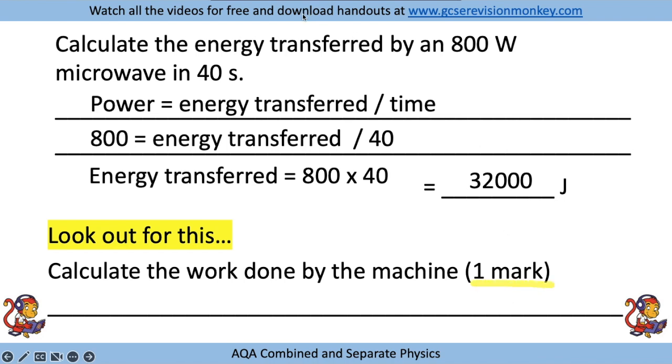And if you remember what I said previously, energy transferred and work done are both measured in joules. They are both the same thing. So all that they want you to do on here is write down 32,000 joules, the same as the answer that you've previously worked out.